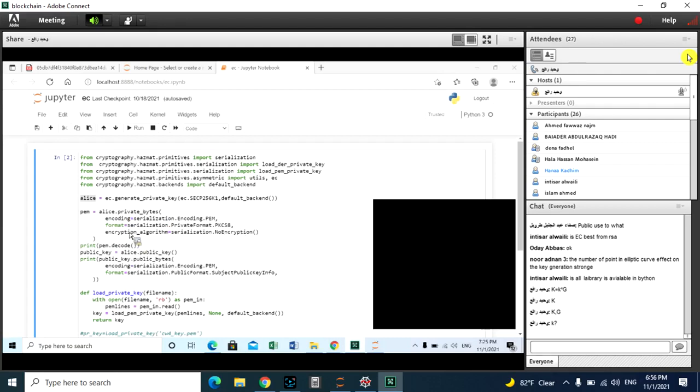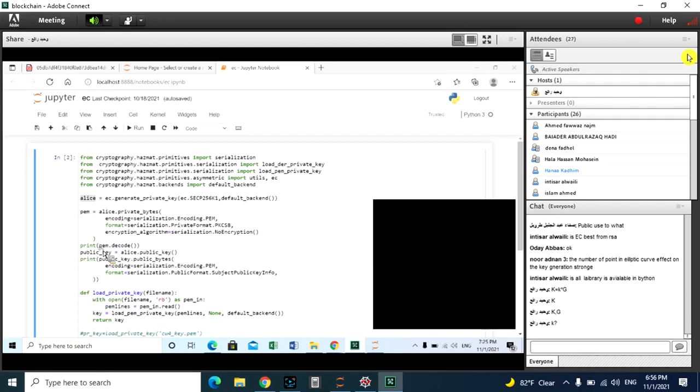Using this command, like before, you can serialize the PEM to generate the public key. From the private key, you can use this command: public key equals this private key dot public key. So this command gives the public key associated with this private key.